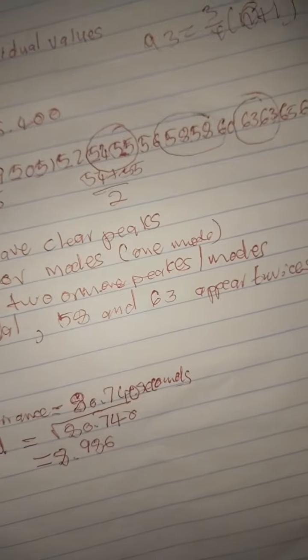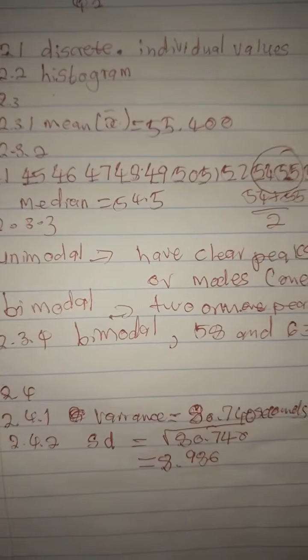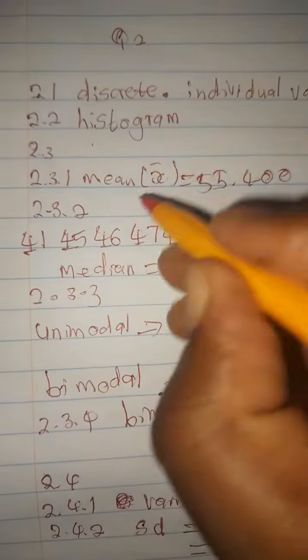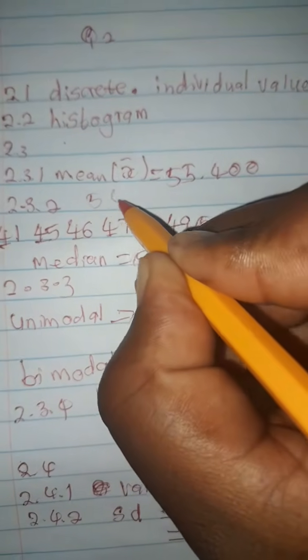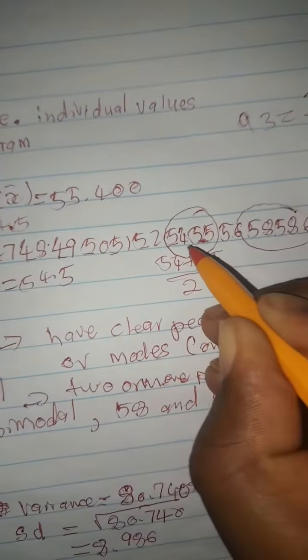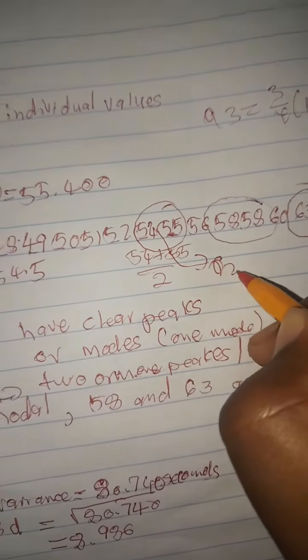Where was our median? Remember, our median at 3.2.4, at 3.2, we got 54,5, which was here, which is Q2.